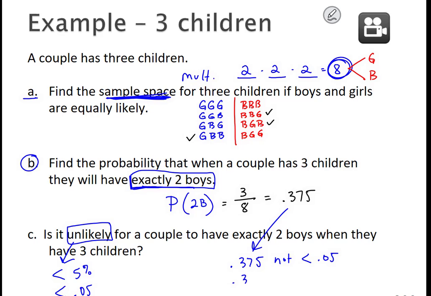Or you could write 0.375 is greater than 0.05. And so we're going to write that this is not unlikely. We actually never write that something is likely. We don't have a mathematical percentage for that, but we do write that it is unlikely if it's less than a 5% chance, or not unlikely if it's over a 5% chance.